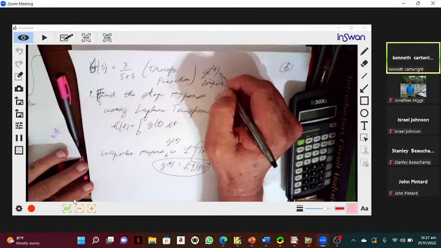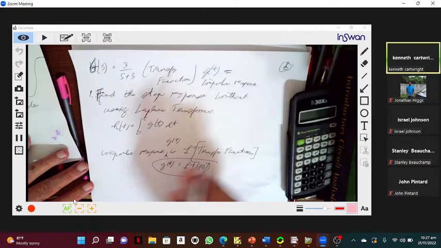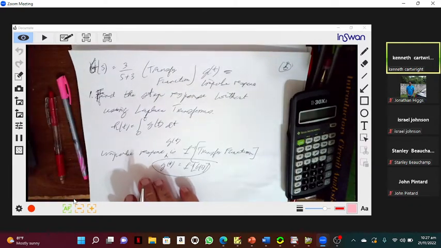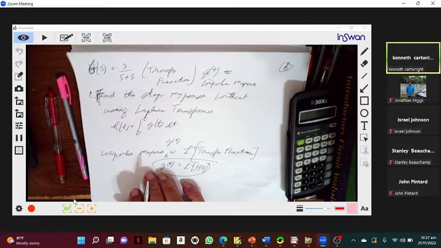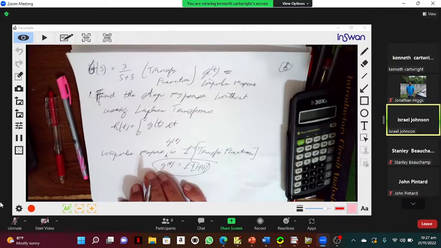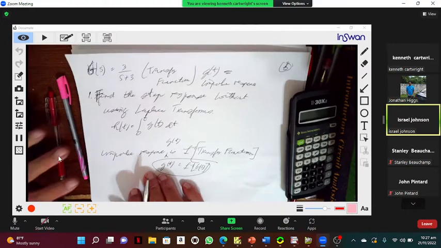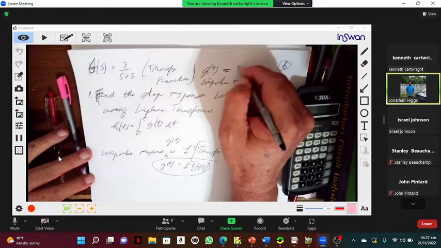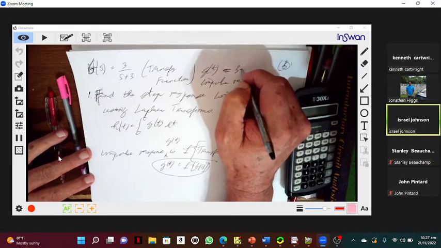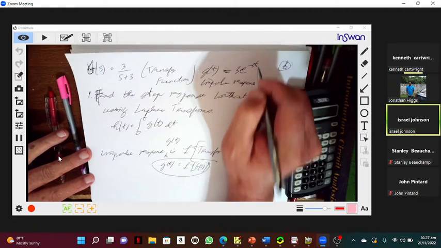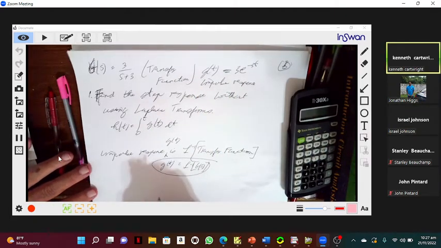So g of t is equal to how much? That would be 3e^(-3t). All right. So now what's the step response?